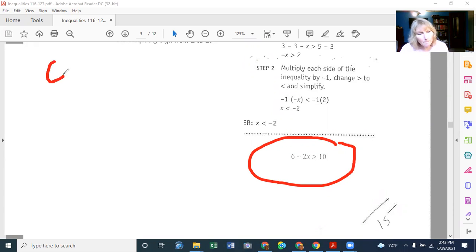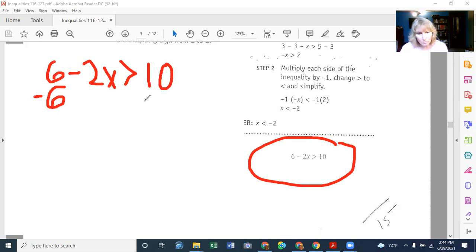So 6 minus 2x is greater than 10. So first, I'm going to get rid of anything added or subtracted from the variable term. Don't let this confuse you because the variable term is second in our equation. That doesn't matter. So we have a positive 6. So we're going to get rid of that by subtracting 6. Do it to both sides.